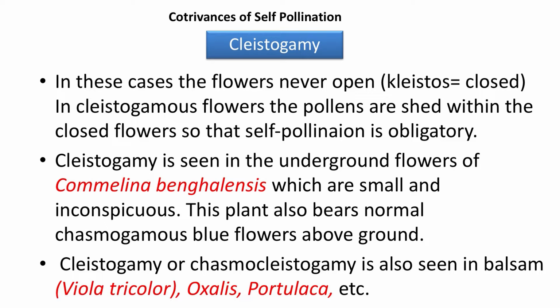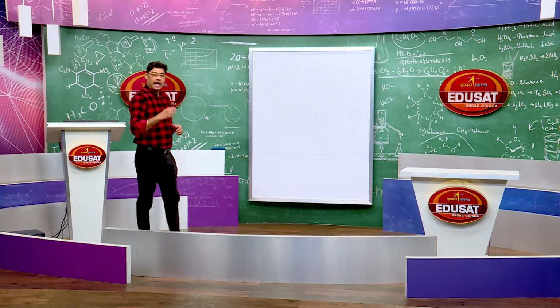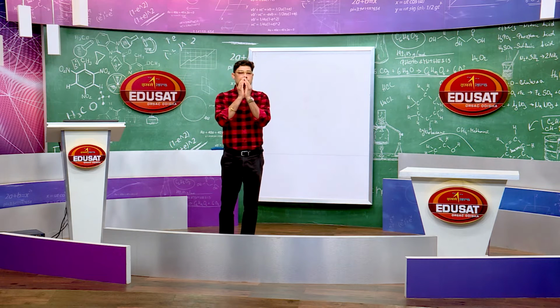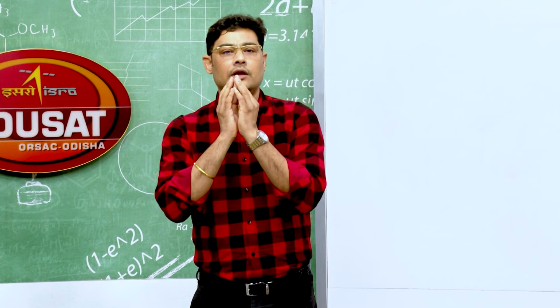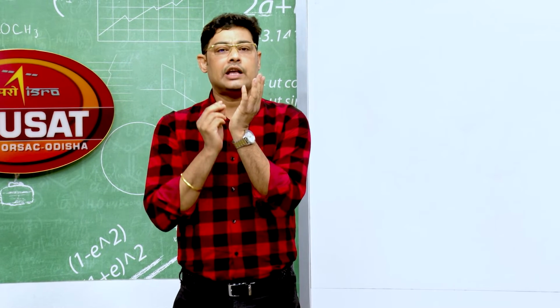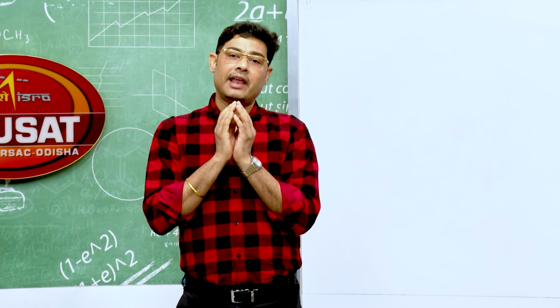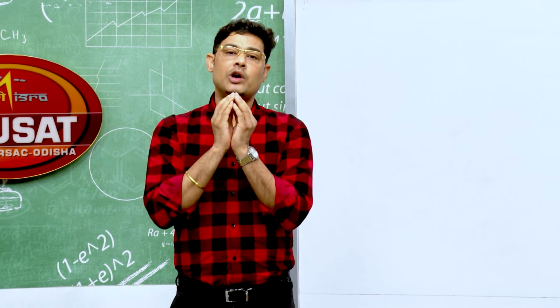When a flower matures, anthesis takes place, and normally the flower opens like this, exposing the male part and female part. These flowers are called chasmogamous flowers.